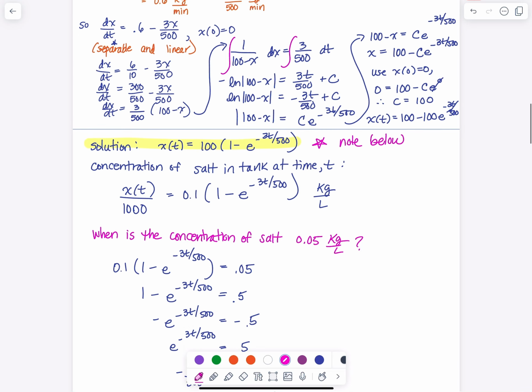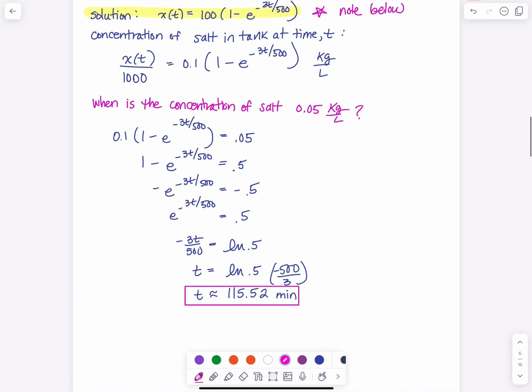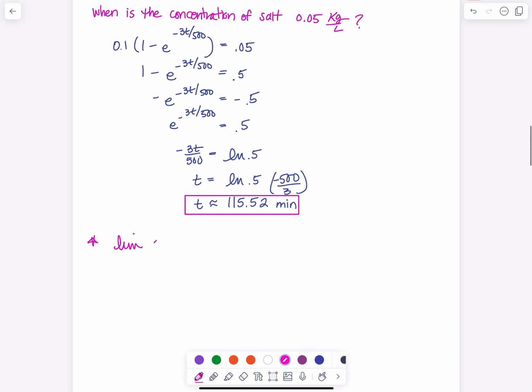Now I do want to make note of this equation right here. Let's take a look at the limit of x of t as t approaches infinity, and that's equal to the limit as t approaches infinity of 100 multiplied by 1 minus e to the negative 3t over 500.